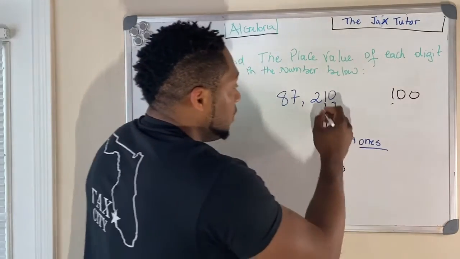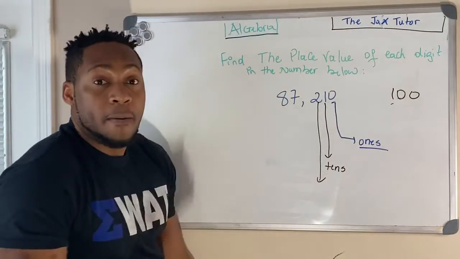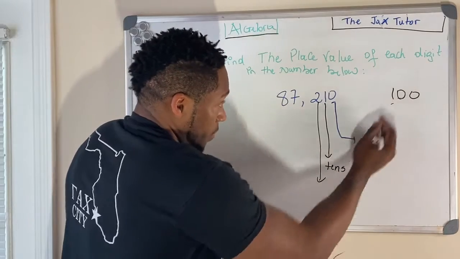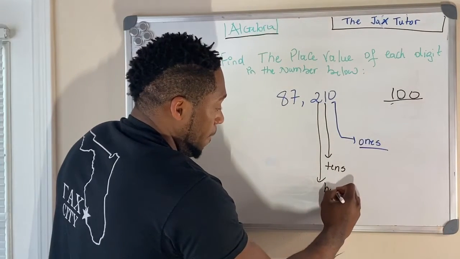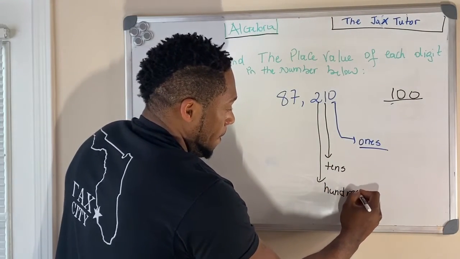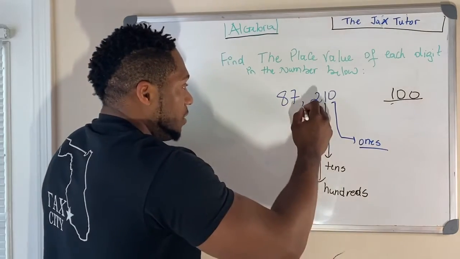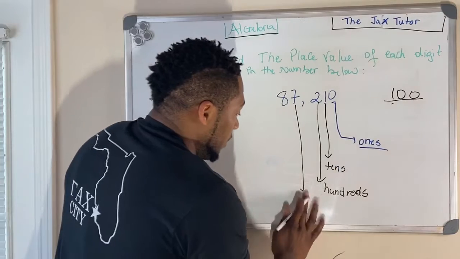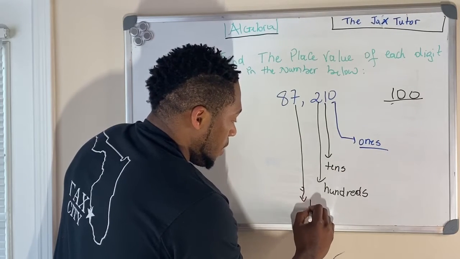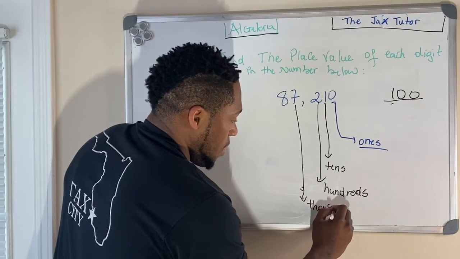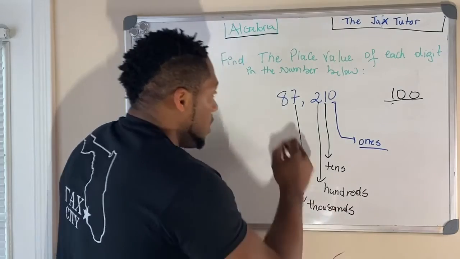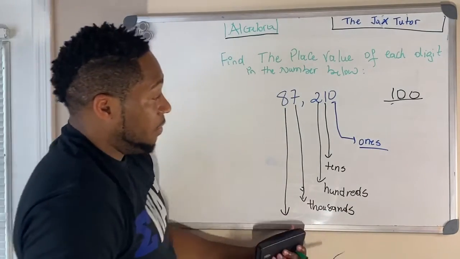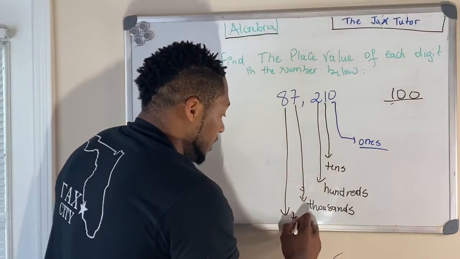You add another 0, and the next one that comes after that is the hundreds place value. You add another 0, and you call that the thousands place value. You add another 0, and you call that one the 10,000s place value.